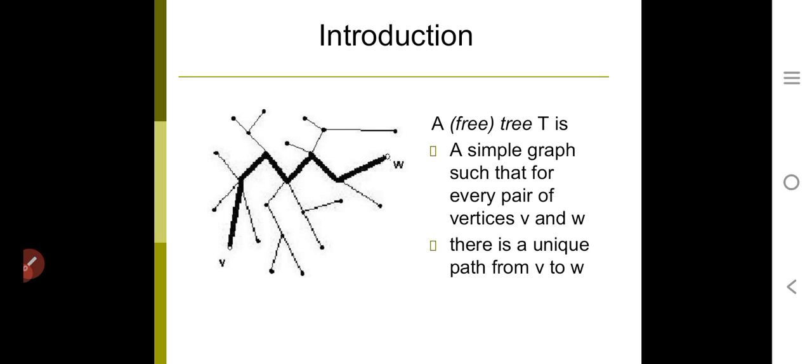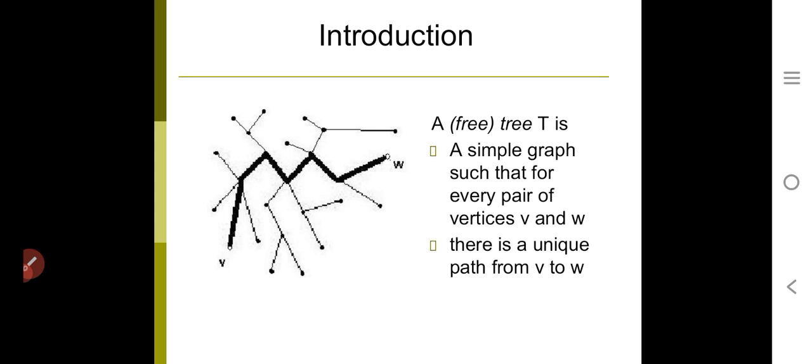A tree is a simple graph, an undirected graph, and it is equivalent to a connected acyclic graph. It has a unique path between every pair of vertices.